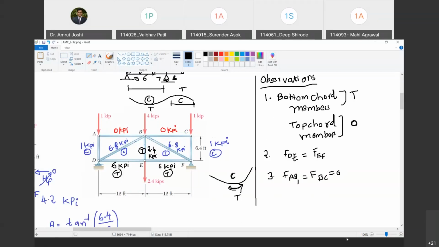Yes, sir. What if I can identify this zero force and equal force members upfront, एनालिसिस के पहले ही, अगर मैं ज्योमेट्री और लोडिंग देख के बता पाऊं कि कौन से मेंबर्स में जीरो फोर्स है और कौन से मेंबर्स का फोर्स इक्वल रहने वाला है, won't it simplify your analysis? Are you with me?